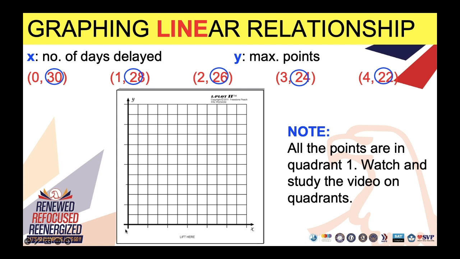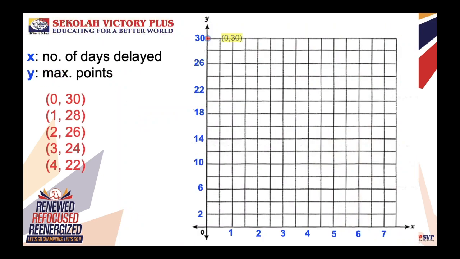So make sure that when you choose intervals, it would not cause you difficulties when you do plotting. Okay, so in my case, I've decided to have my y with an interval of 2 and my x with an interval of 1, and this is what happens.